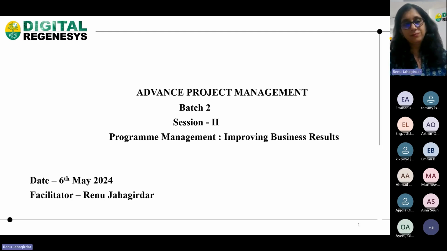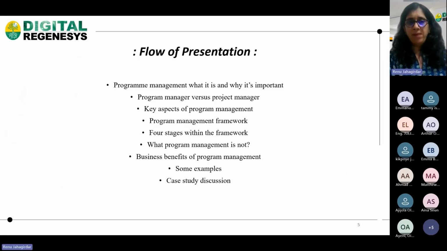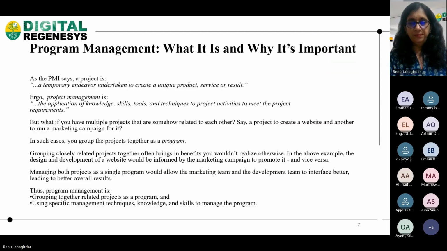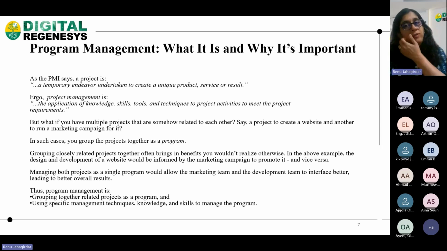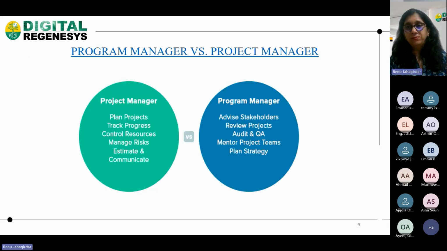Is anyone familiar with the program management approach? Have you ever worked on linking projects? Have you ever worked on the program management framework?